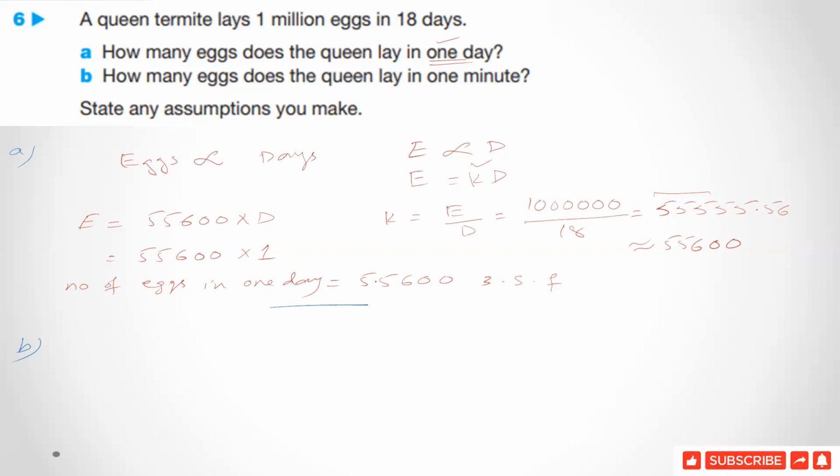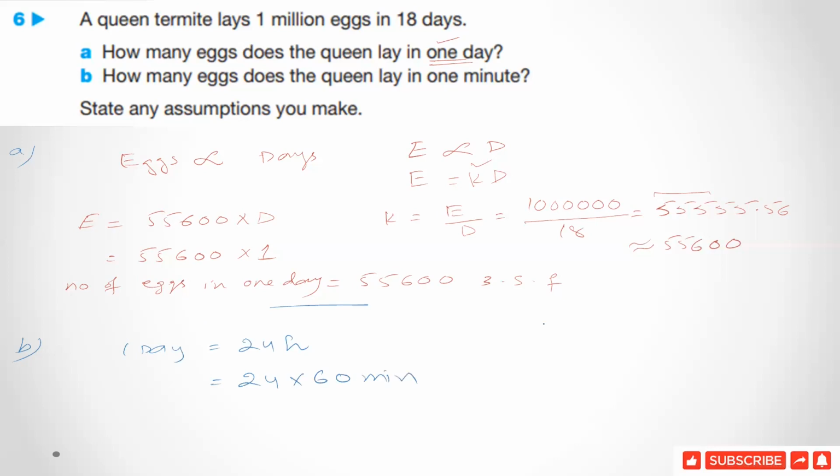So how many hours in a day? 1 day equals 24 hours. How many minutes are there in a day? This is 24 times 60 minutes.